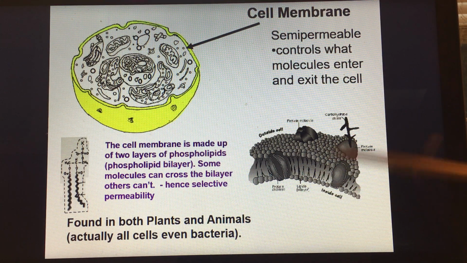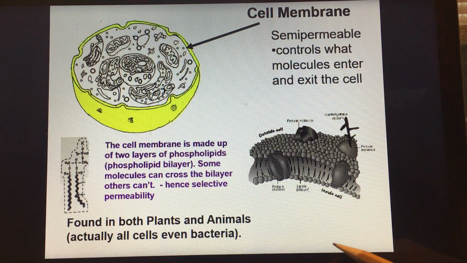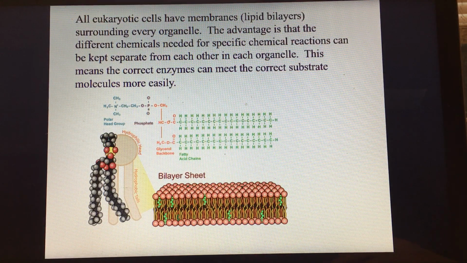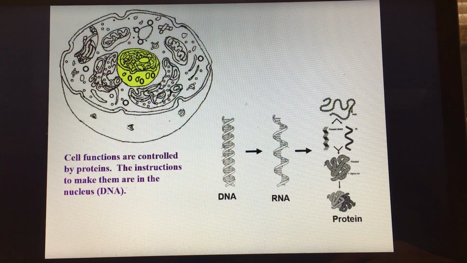Water would be on the inside of the cell, but also on the outside of the cell. So all eukaryotic cells have membranes, lipid bilayers surrounding every organelle. The advantage is that the different chemicals needed for specific chemical reactions can be kept separate from each other in each organelle. This means the correct enzymes can meet the correct substrate molecules more easily.